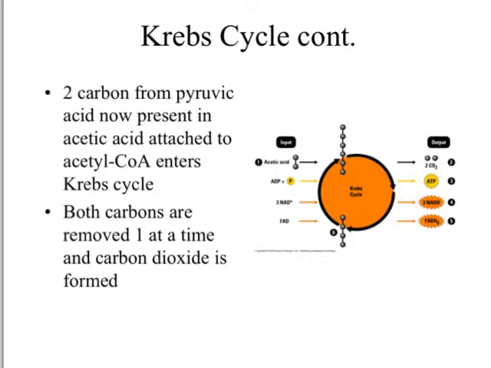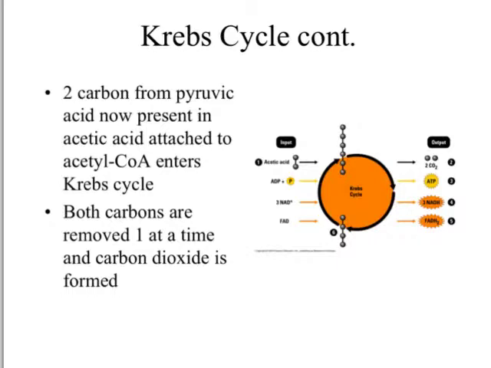All right, so now we can get our acetic acid, or the 2 carbons from our original pyruvic acid, which remember was from the glucose molecule. So now we've got 2 carbons from the original glucose molecule ready and set to get into this Krebs cycle. The coenzyme A molecule is going to attach itself to the acetic acid.